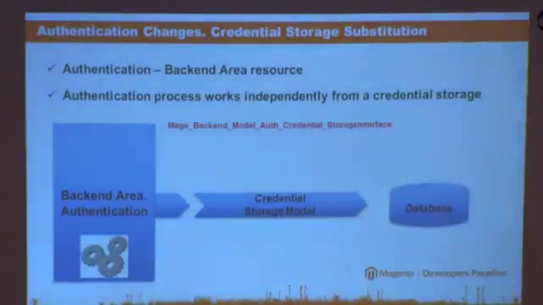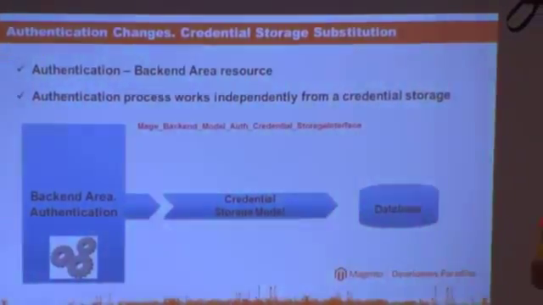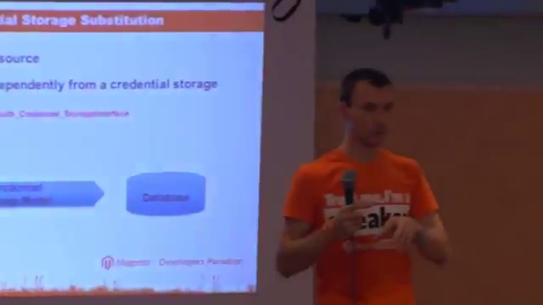It doesn't care in which way this model tries to find this user, compares the login and password, and encrypts and decrypts this data. It just wants to put these parameters to this model and get a response from this object: yes, I know this user, or I see the user for the first time.